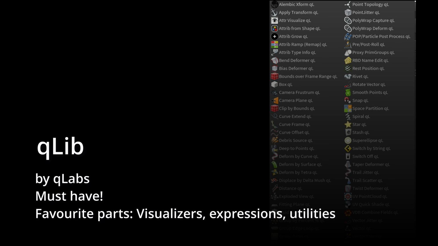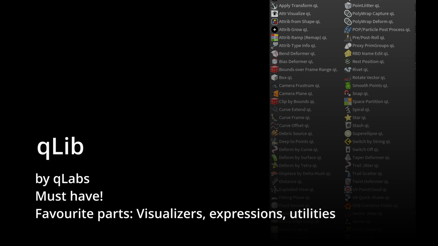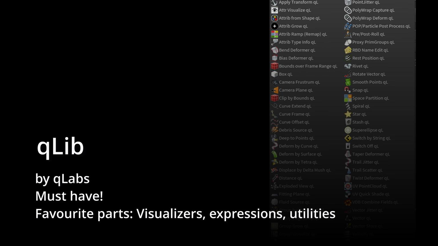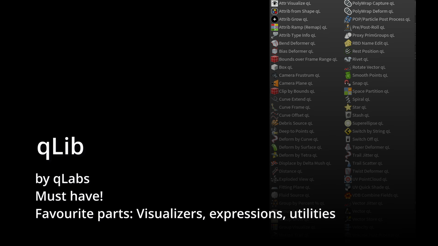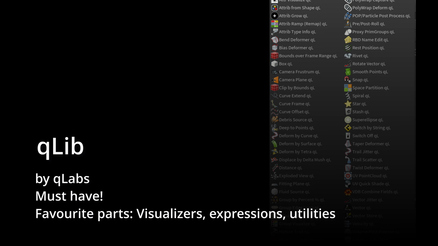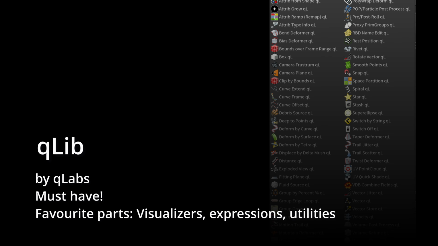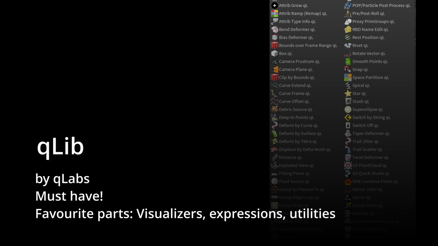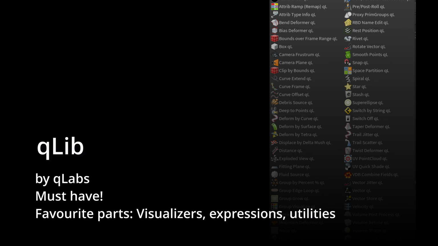And then the second package I would like to introduce is qLib by qLabs. This one is also a set of useful tools that you can use if you'd like. But what is the most important, I think, is that it gives you just loads and loads of options within some nodes.